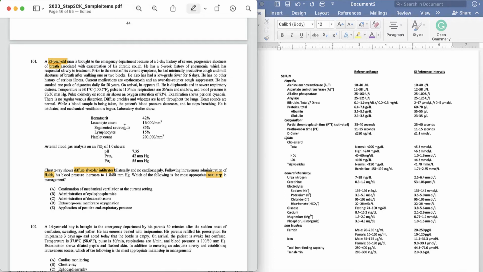Another thing that could be helpful to do to save time is to take a quick look at the labs. You'll find here, sometimes instead of telling you there are diffuse alveolar infiltrates right here, they'll just have a link to the chest x-ray.